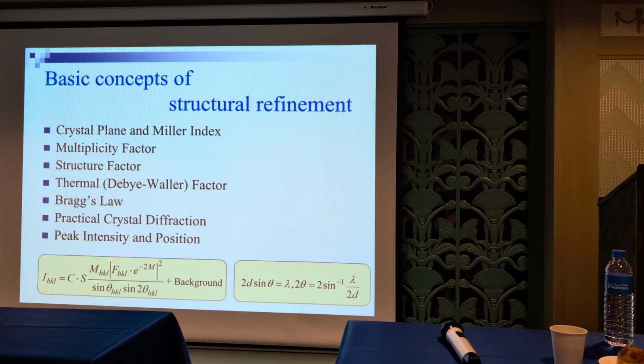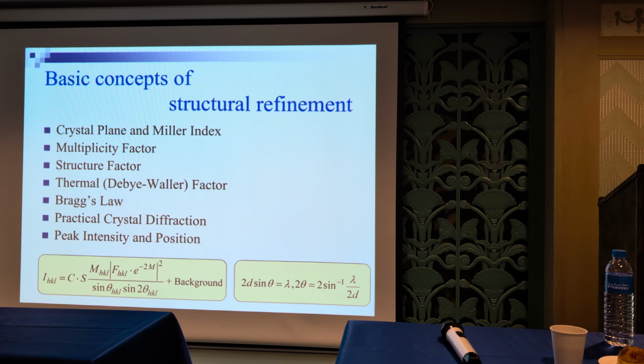Before structure refinement and analysis of powder data, you need some basic knowledge. One is what is called a crystal plane and a Miller index. Those planes have a multiplicity factor we need to take care of. The most important thing correlated with the peak intensity is the structure factor.